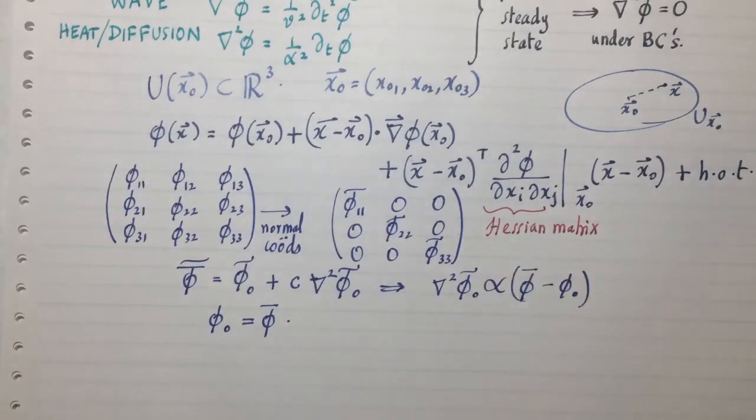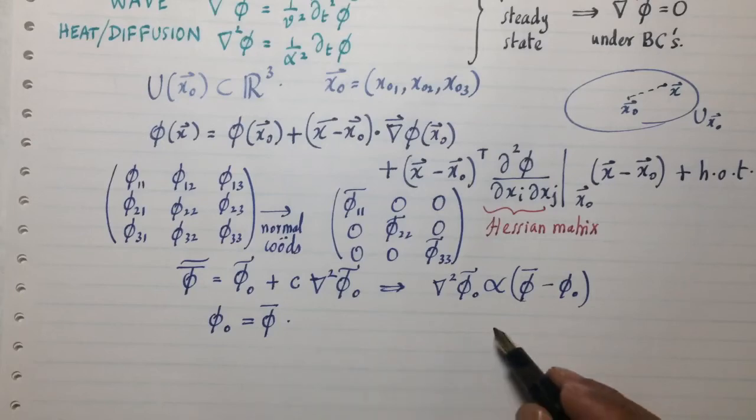So you cannot have a maximum, because I've already shown you that the value at any point is equal to the average value. So if you have a maximum, the value of the maximum point is going to be bigger than all the other surrounding values. So this cannot possibly be true. Similarly, if you have a minimum, that will be less than all the surrounding values. So that also cannot be true.